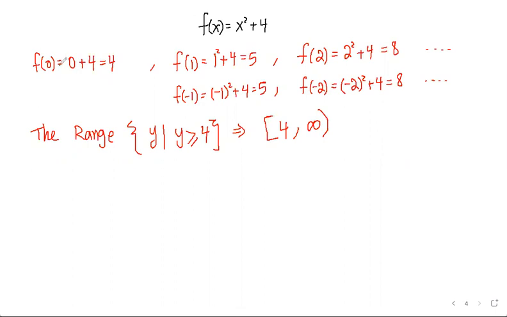You plug in the possible inputs, you get the outputs. So for 0, I start from the minimum one, 0, they give me 4. I plug in positive numbers, 1, 2, 3, 4, 5 to infinity, it goes up to infinity positive. I plug in negatives, they give me the same things as positives. f of minus 1 is 5 like f of 1. f of 2 is the same as f of minus 2. Same thing for f of 3 and f of minus 3.